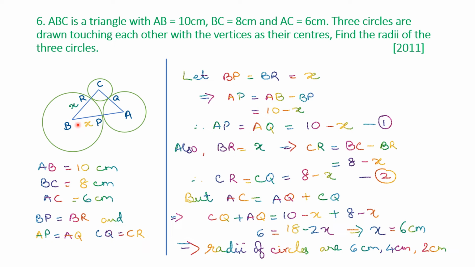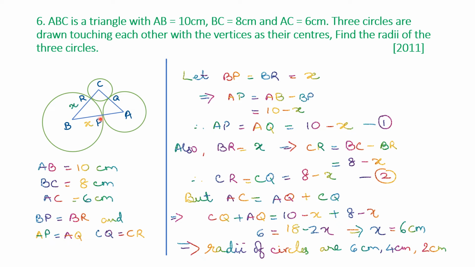Now you observe that BP is the radius, BR is also the radius of the same circle, which implies that BP will be equal to BR. In the same way, AP and AQ are the radii of this circle, implies AP will be equal to AQ. And here CQ is equal to CR.